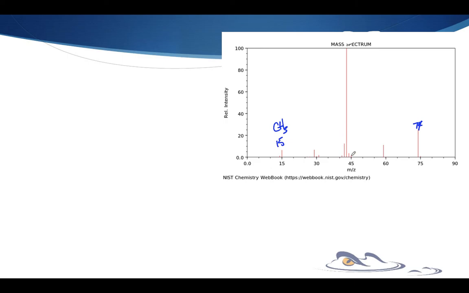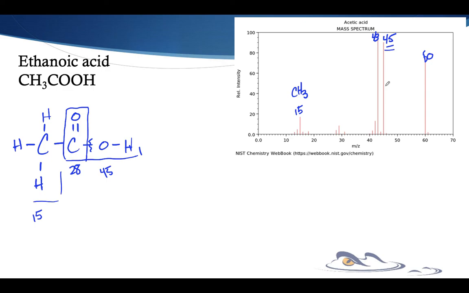And over here, I do see a really big major peak around 43. Have I seen this peak around 43 before? Has this been important? You bet I have. It was back here with the ethanoic acid, right? We had a piece that was 43, where my 15 and my 28 go together and made 43.